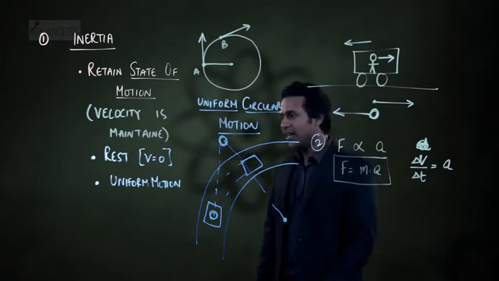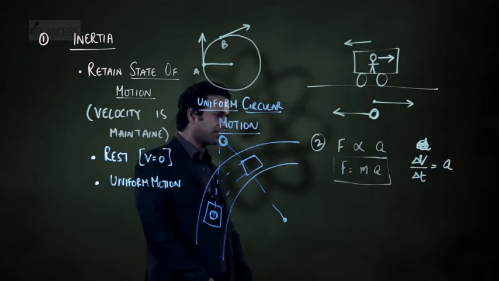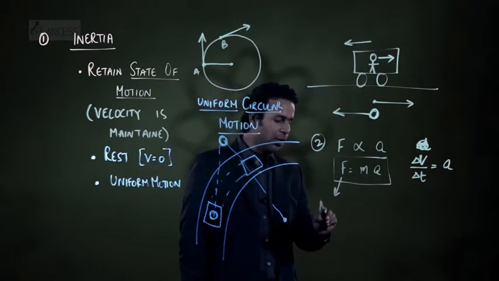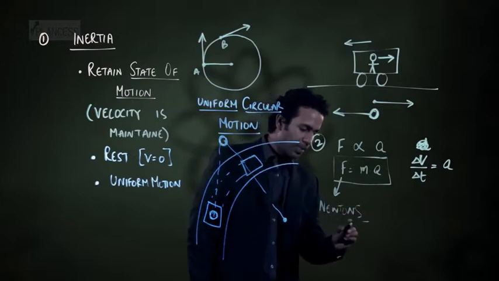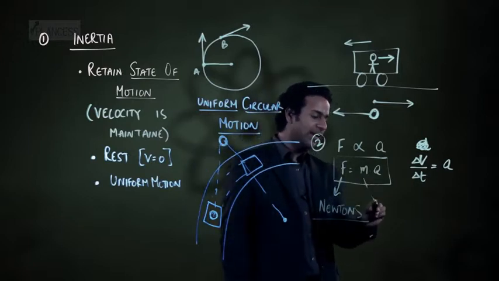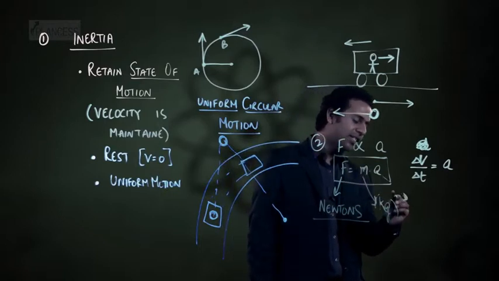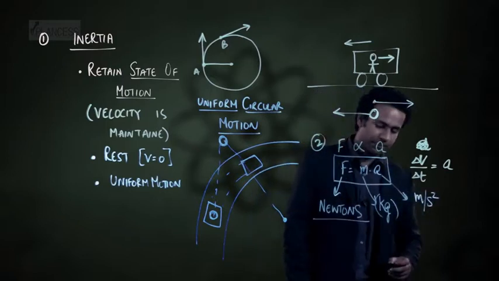So the second law tells us that force is equal to mass into acceleration. Now, force is measured in newtons. Mass, as we had discussed, is measured in kg. And acceleration, you're already aware, is measured in meter per second square.